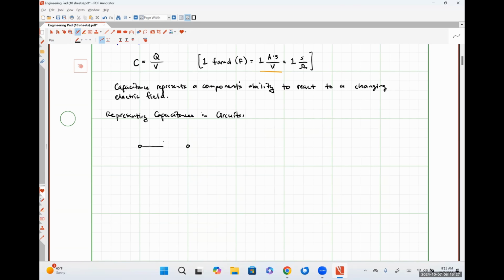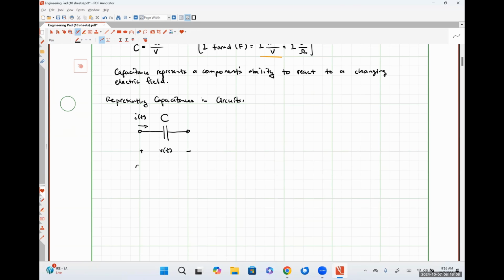So the first one that I'm going to introduce to you guys is this guy right here. So effectively, it represents what a capacitor physically is: a set of parallel plates with electrical terminals connected to them. So we would represent the capacitance by some magnitude C. I'm going to represent some voltage drop across my capacitor terminals as V of T. And I'm going to say that my current I is flowing into the positive polarity terminal because we are once again dealing with a component that obeys the passive sign convention. Okay.